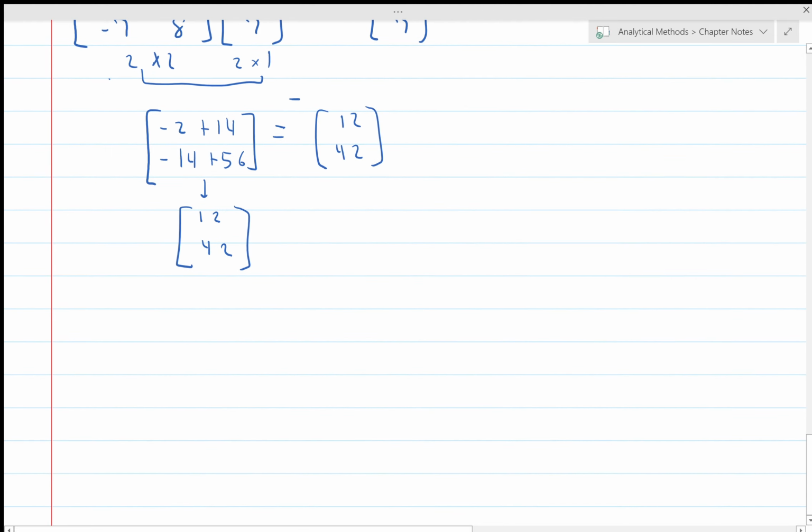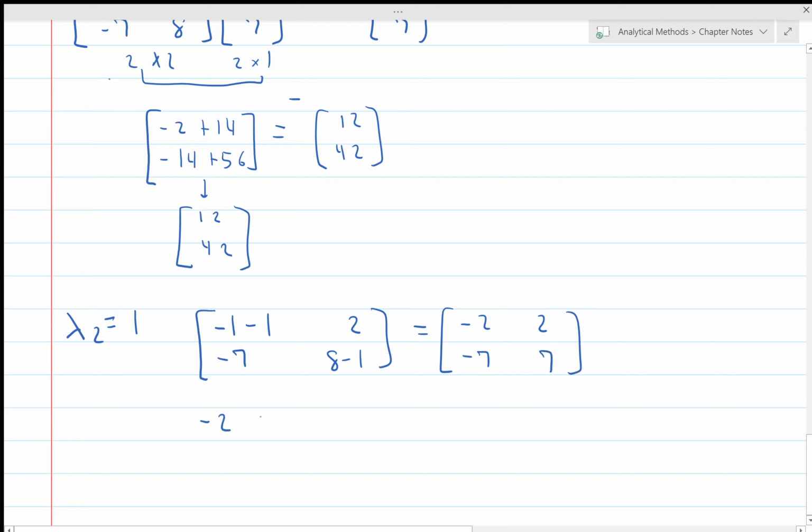Just to get our k2 real quick, I need lambda 2 is equal to 1. So that would be -1 minus 1, I have 2, -7, and 8 minus 1. So my matrix would be -2 and 2, and -7 and 7. Again, -2 x1 plus 2 x2 is equal to 0.